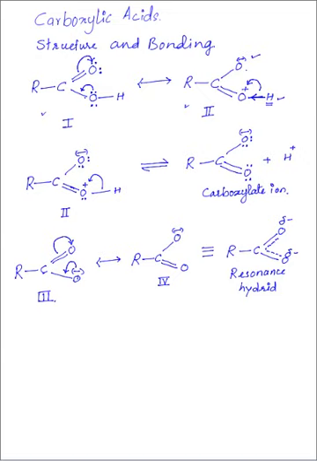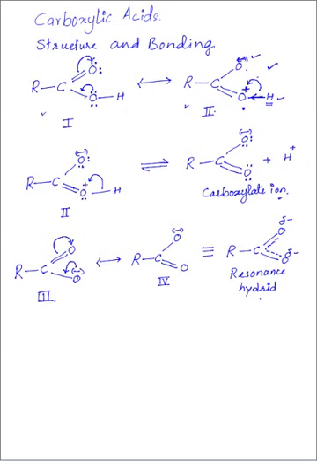Due to the formation of a resonance hybrid, this carboxylate ion is more stable than the carboxylic acid. In the carboxylic acid, what happens? In structure 2, one oxygen has a negative charge and another oxygen has a positive charge. So due to the two opposite charges, this structure is somewhat unstable.